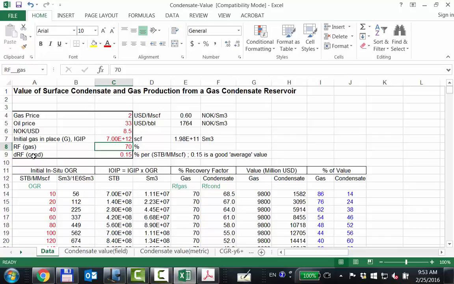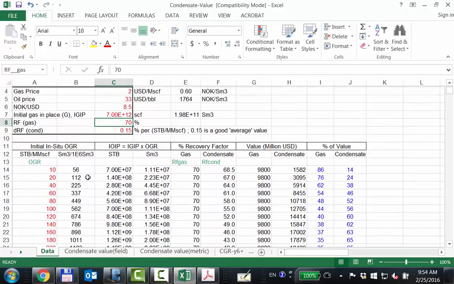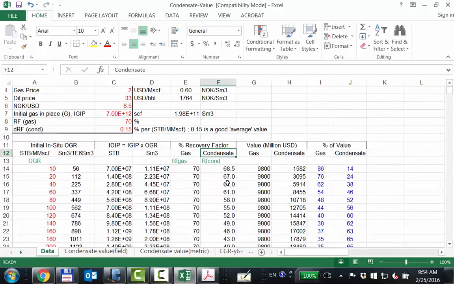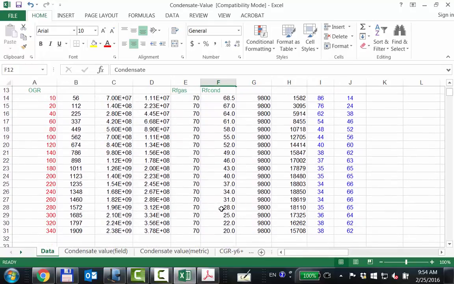And there's some kind of a loss. There's less recovery of condensate than there is of gas for reasons we'll talk about today. Okay? Because of the condensate that drops out of the gas in the reservoir and is not produced to the surface. So we have a lower recovery for the condensate. And you see it gets worse and worse.